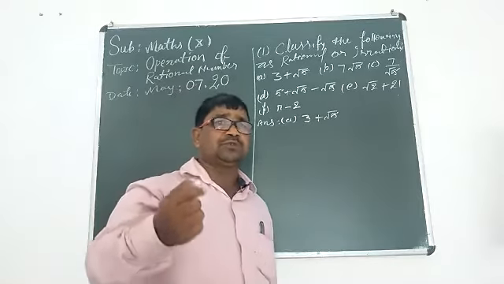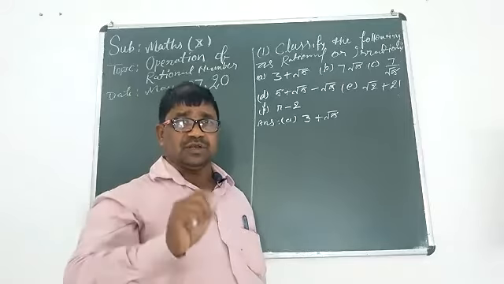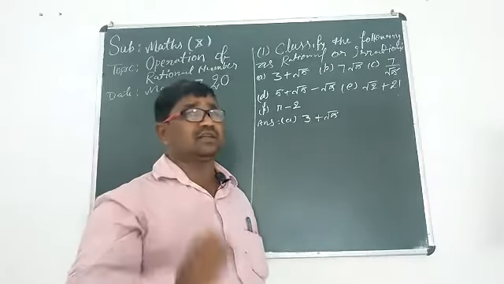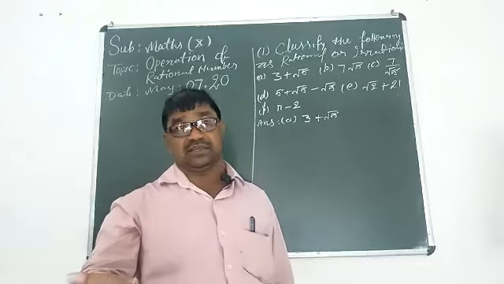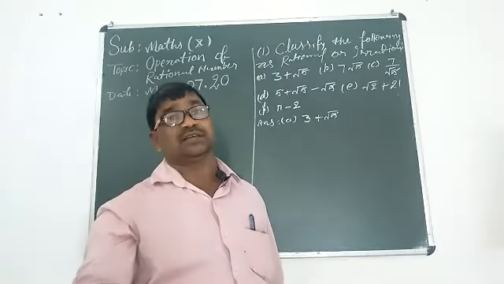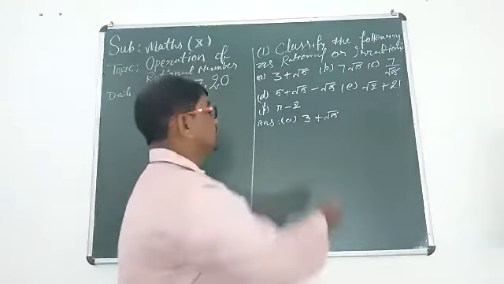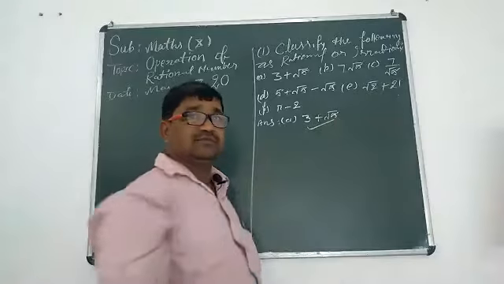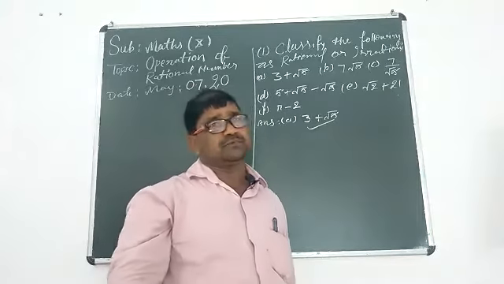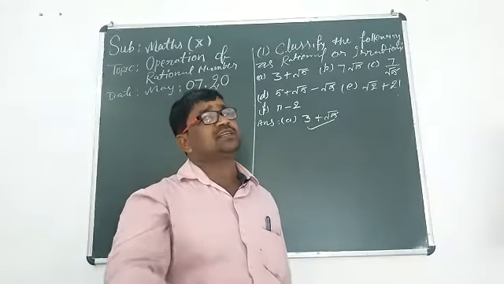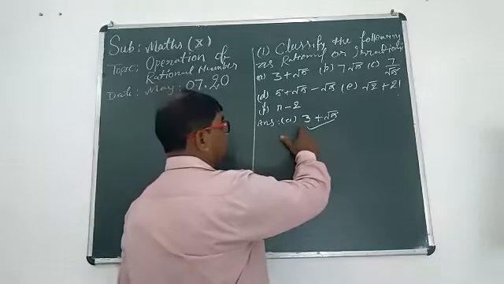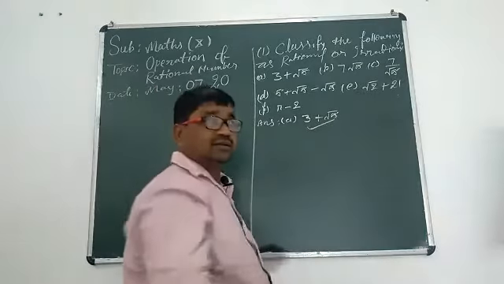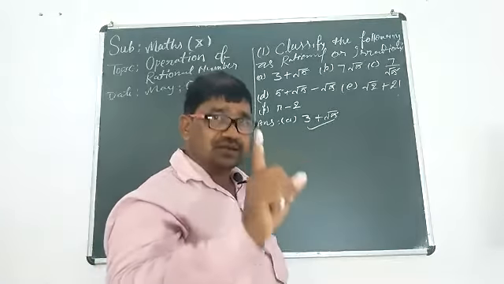The statement to recall: sum of a rational and irrational is always irrational. So this is irrational. First of all, you should think why this is irrational. Mind the statement: sum of rational and irrational is irrational.